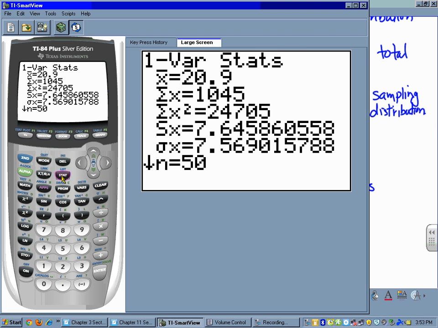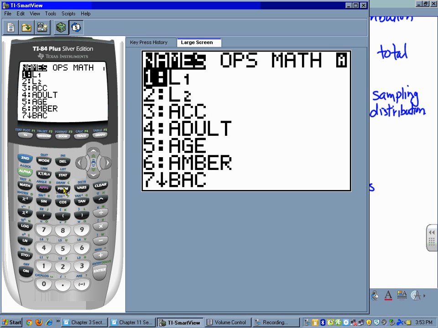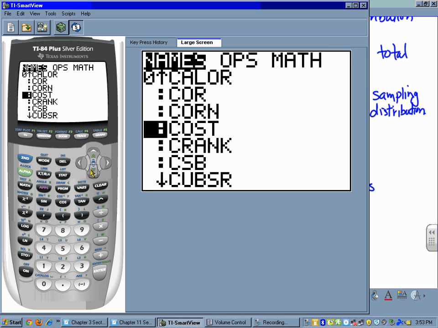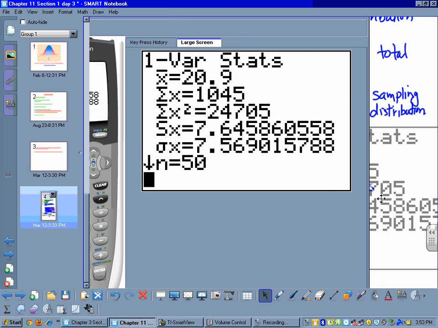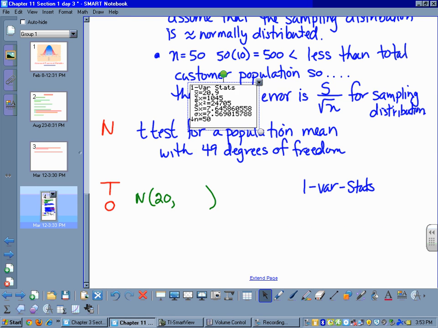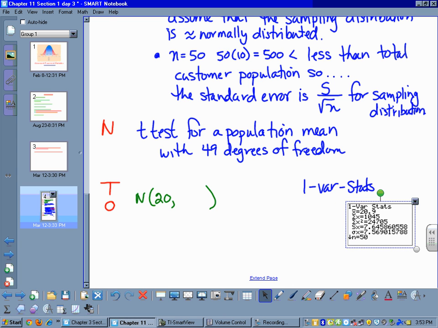So I'll quit out of here, stat, calculate one variable statistics on my list cost. And I need that data over here. And that lets me know that my sample has a standard deviation of 7.645. So I'm going to use 7.65 as my S sub x bar.